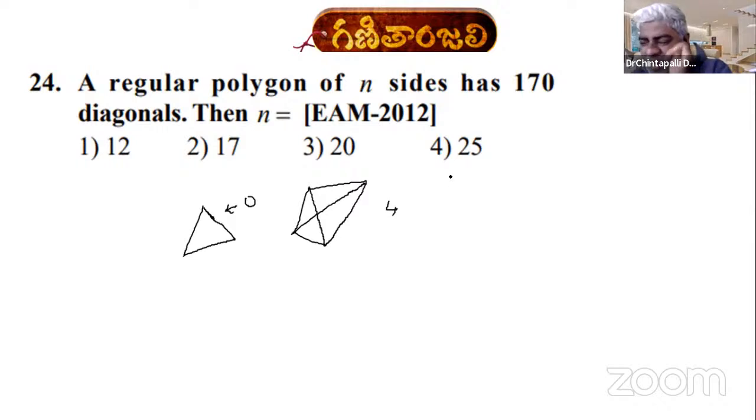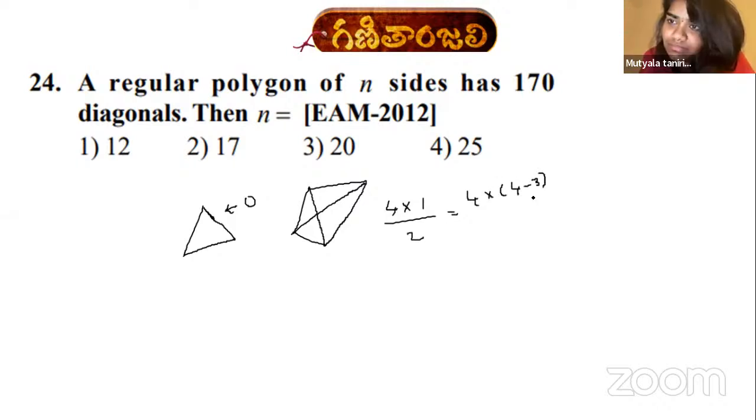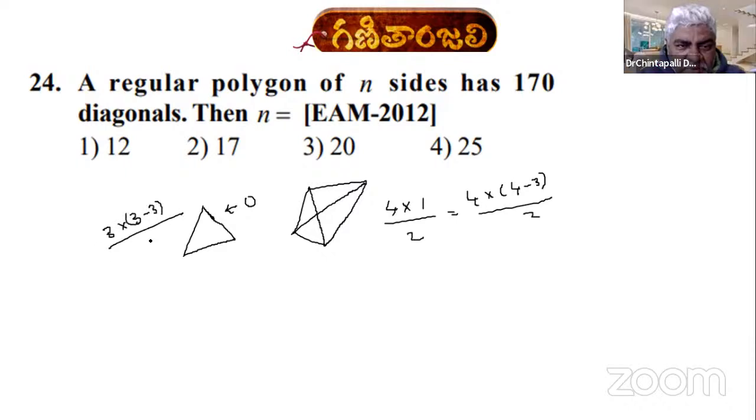There is a smart formula to find the number of diagonals: 4 into (4 minus 3) by 2. In case of a triangle, 3 into (3 minus 3) by 2. 3 minus 3 is 0, that's why a triangle has 0 diagonals.